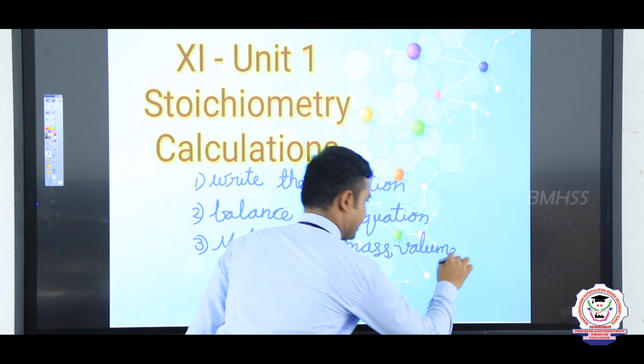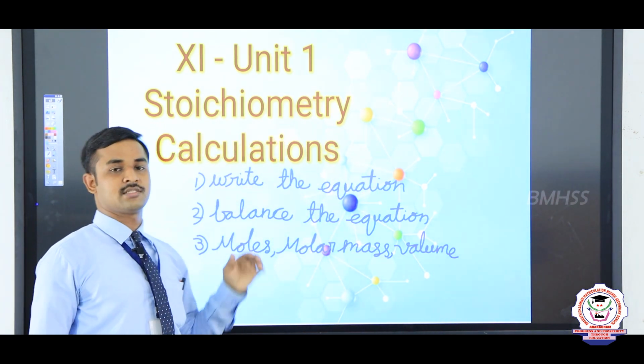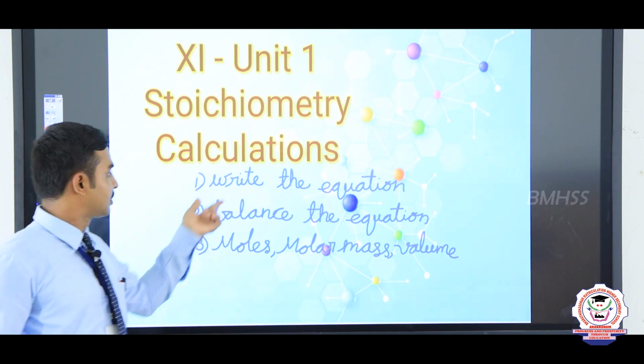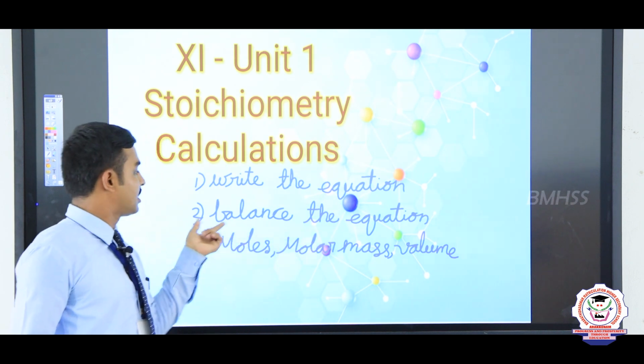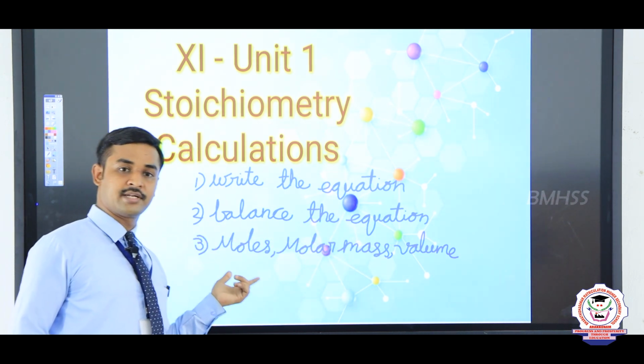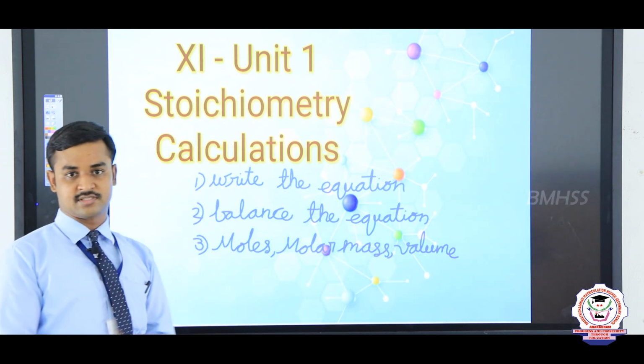Whatever we need, we can calculate. Stoichiometry calculations only contain problem questions. From the question, you first write the equation, balance it in the next step, and third, you find the moles, molar mass and volume of the reactants and products.